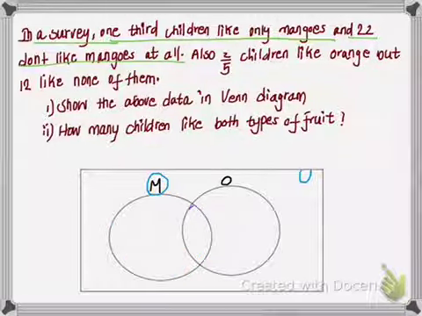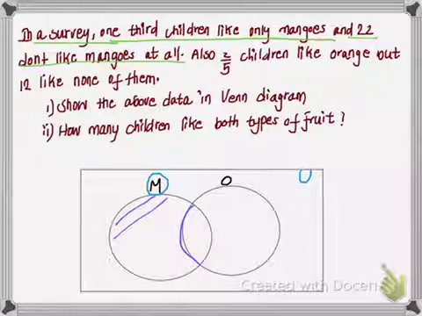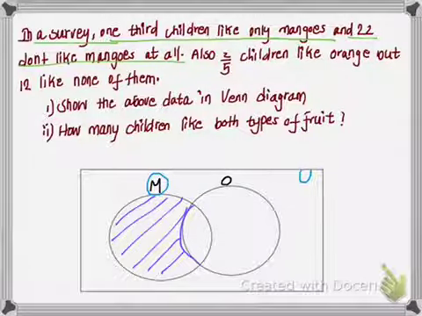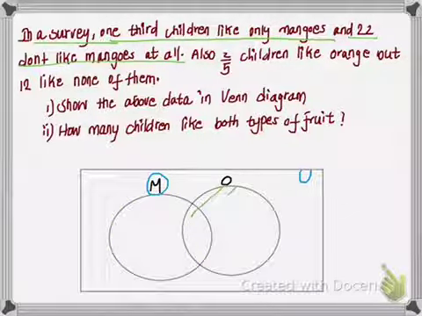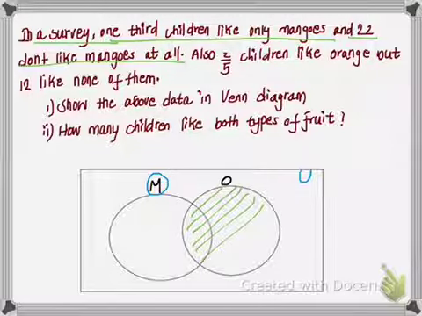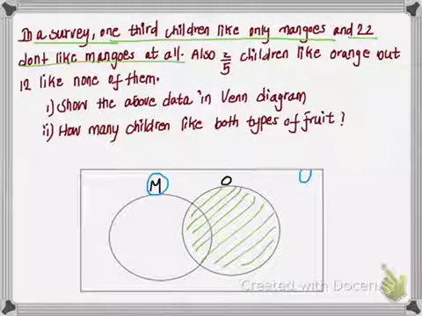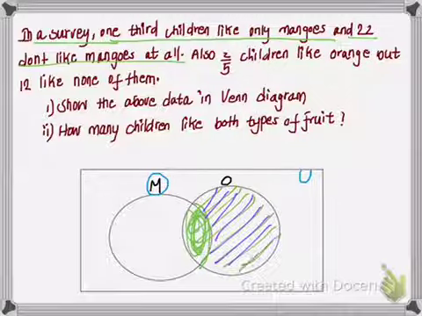And if we remove this intersection part, this part of the circle represents the number of students who like only mangoes. Similarly, this circle represents the number of students who like orange. And if we get rid of this middle part and only consider this part, we'll get the number of students who like only orange.